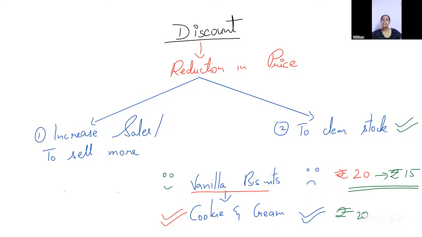So what about those clothes of that previous trend? People will not buy. So what the company does is they place a discount, say 20% or 30% off. When discount is there, then people buy it. That is known as to clear the stock, discount is placed. Two reasons: to increase the sale, or to sell more, and to clear the stock. These are the reasons why discount is given.